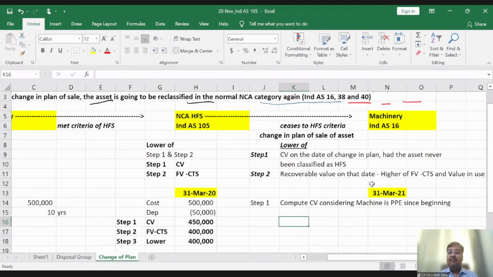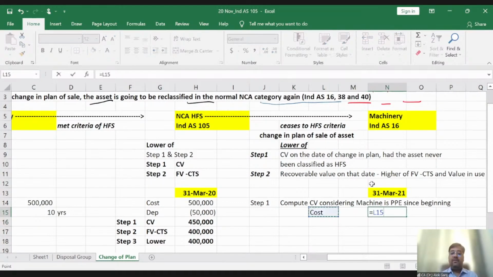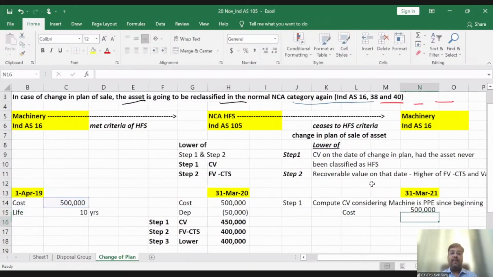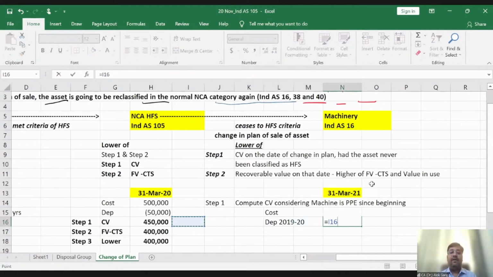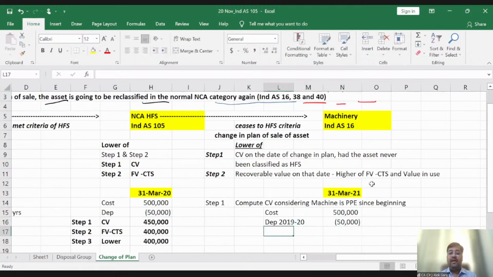How will you compute the carrying value? Very simple. Cost is 5 lakh rupees. Then depreciation: for 2019-20, depreciation is 50,000.